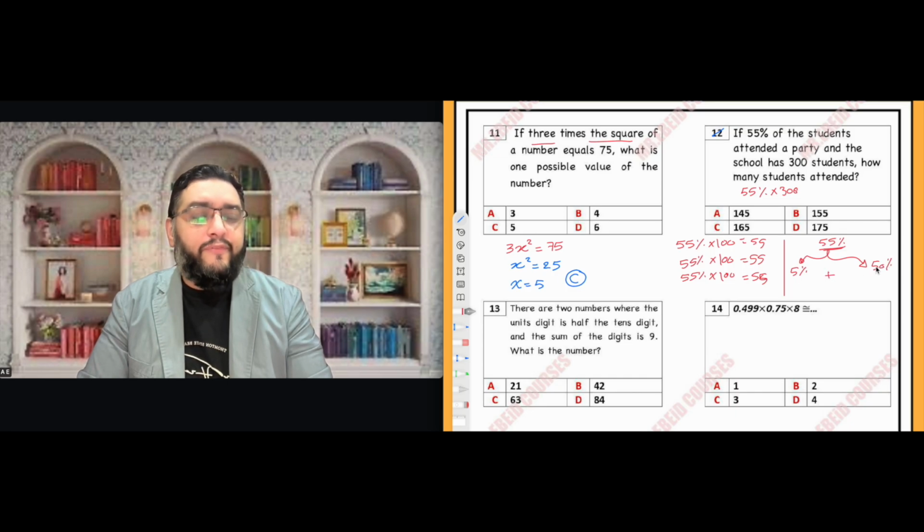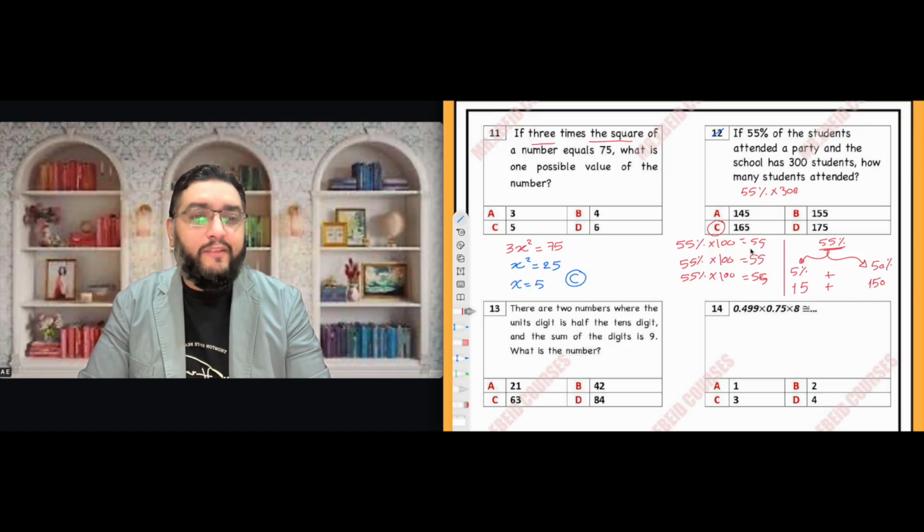So 50% of 300 is 150. And 5% of 300 is 15. So just add 15 plus 150, it will be 165, which equals C.